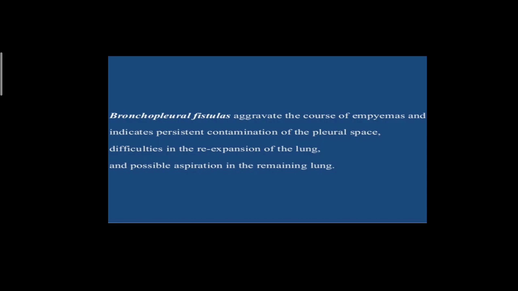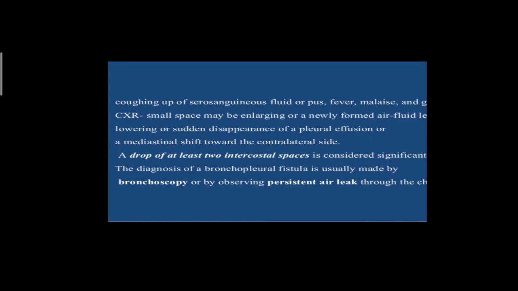Bronchopleural fistulas aggravate the course of empyema and indicate persistent contamination of the pleural space. Difficulties in re-expansion of the lung and possible aspiration into the remaining lung will be present. Coughing up of serosanguinous fluid or pus causes fever and malaise, and chest X-ray shows a small space that may be enlarged, a newly formed air-fluid level, sudden disappearance of a pleural effusion, or a mediastinal shift towards the contralateral side.